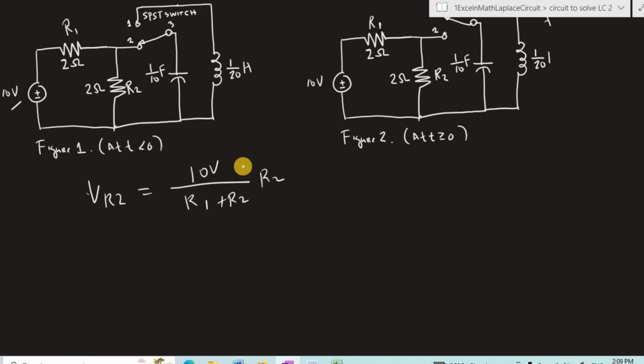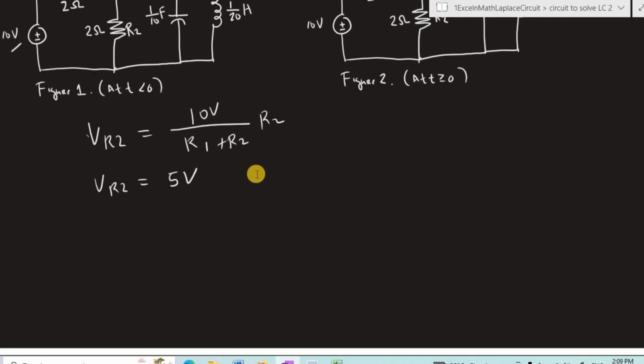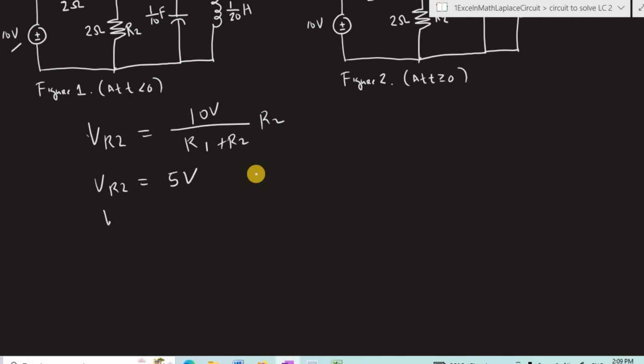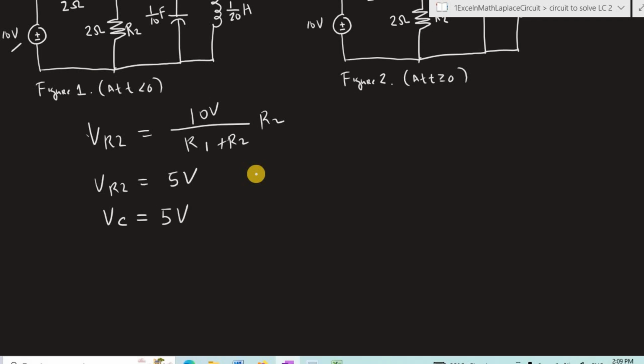If we plug in the values, we get VR2 equals 5 volts. Since R2 and the capacitor are connected in parallel, the voltage across the capacitor when it is fully charged is also 5 volts, and this is our V0 minus.